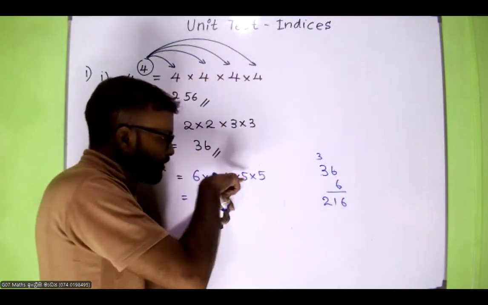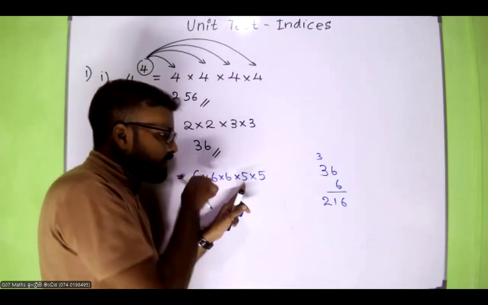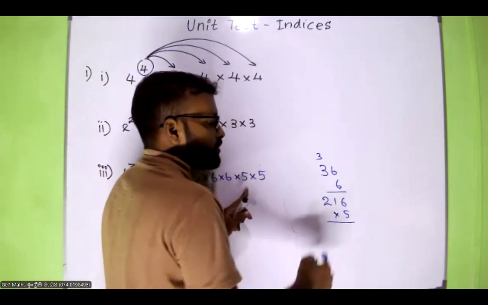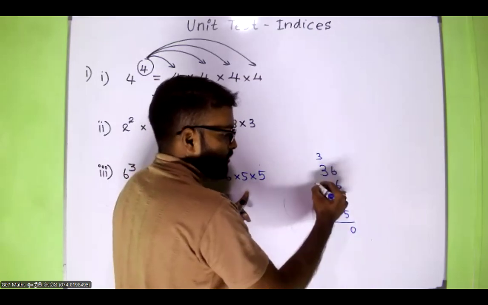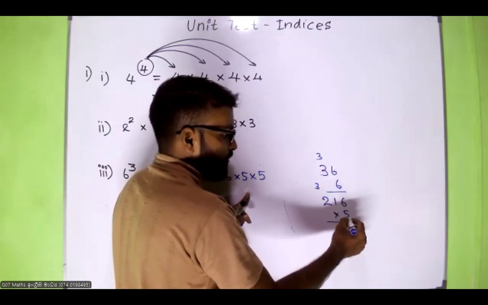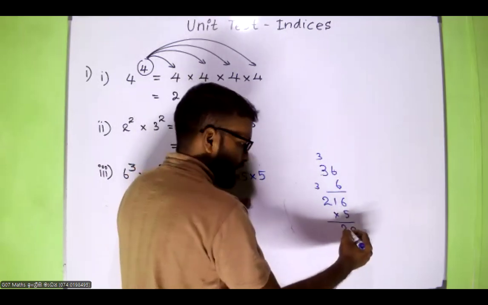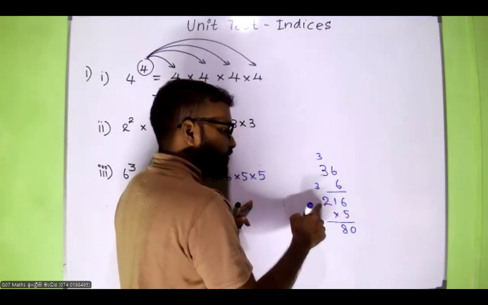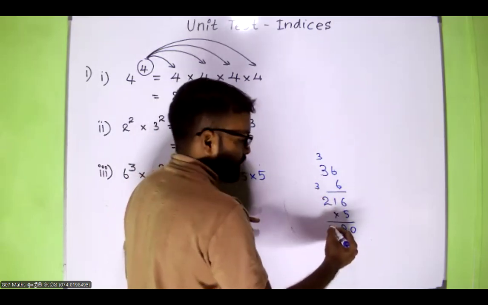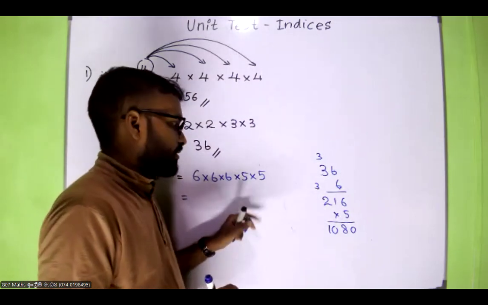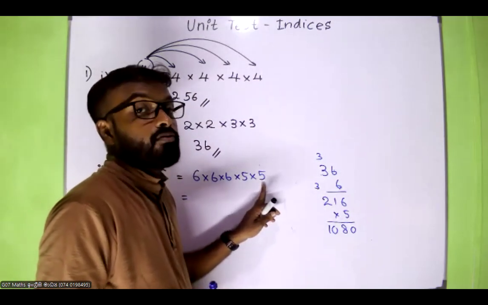Then 216 multiplied by 5. 5 times 6, 30, 3 is the remainder. 5 times 1, 5, 5 plus 3, 8. 5 times 2, 10. 1080. And again I have to multiply by 5.